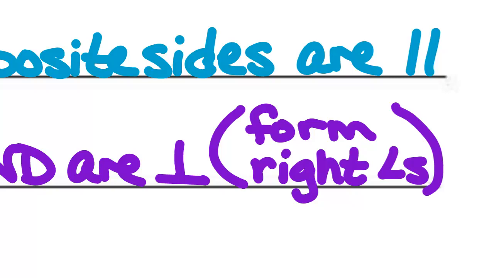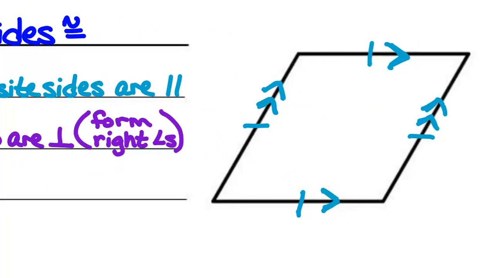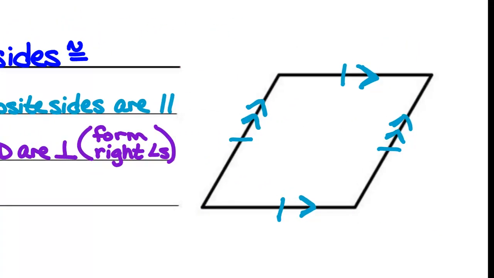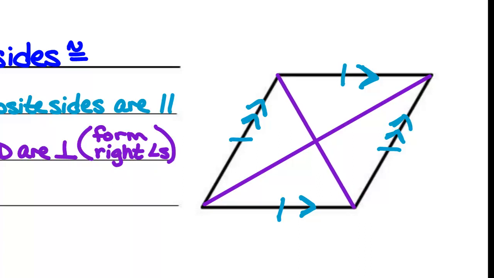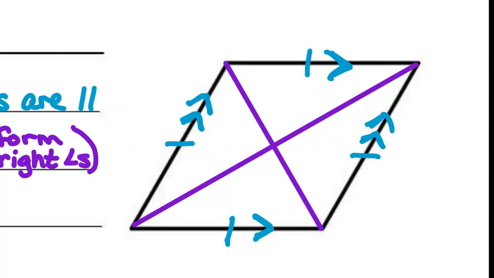So I'm going to go ahead and draw in my diagonals here. Because this is a special type of parallelogram, the two halves of my diagonals are congruent to each other.